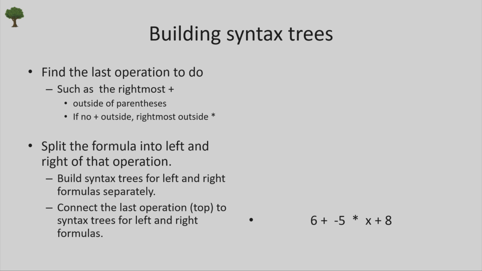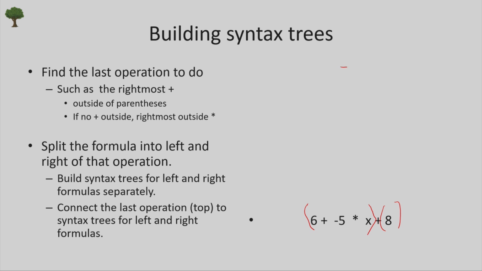Usually, if you don't have parentheses for a moment, and you have pluses and times, your very last thing will be your very last plus. For example, in this case, the plus 8 will be the last thing you'll do. So you could look at your formula and say it's a sum of two things, the first one on the left of the plus and the second one on the right of the plus.